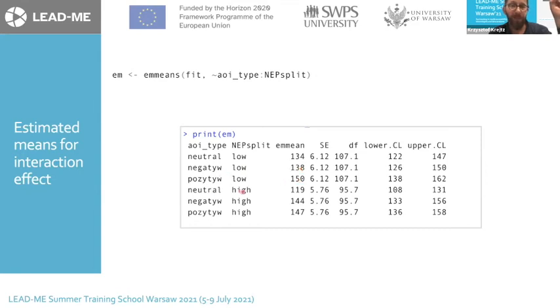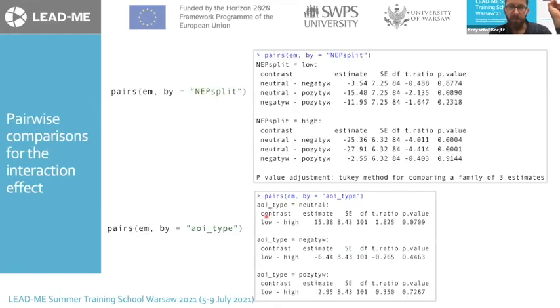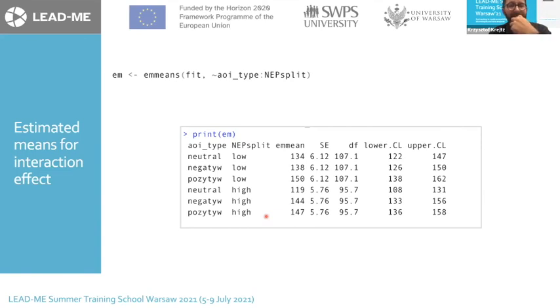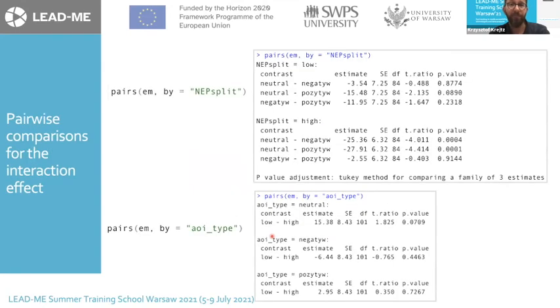For people sensitive to climate change, looking at neutral is 119, for negative 144, and 147.